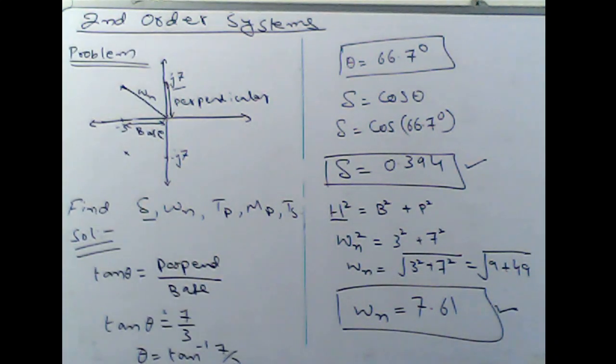Now the rest of the things are quite easy to estimate from the values of zeta and omega n.